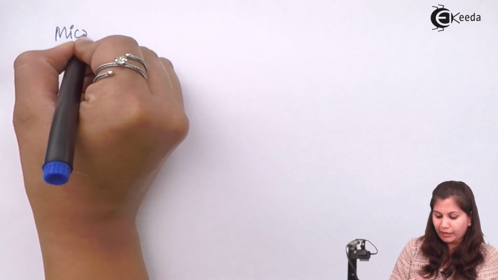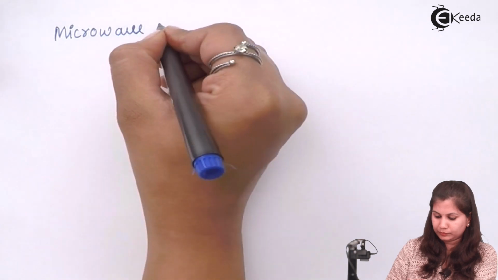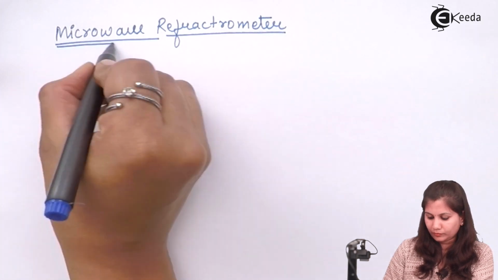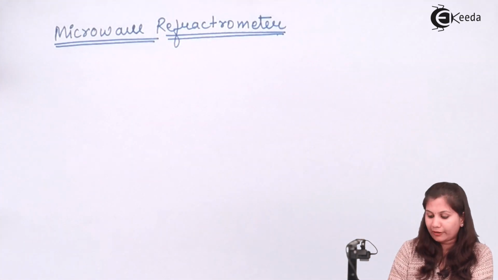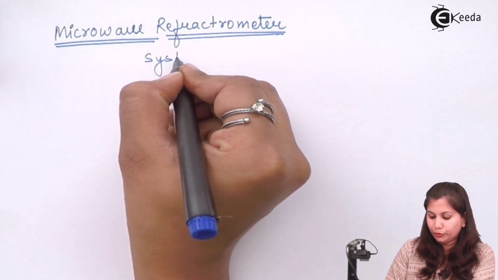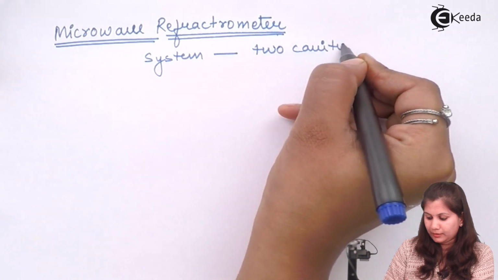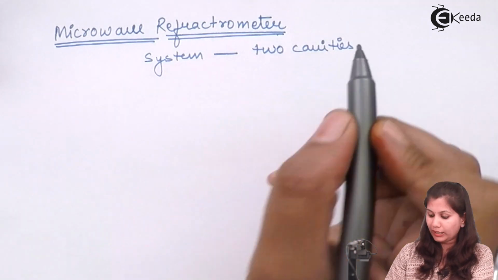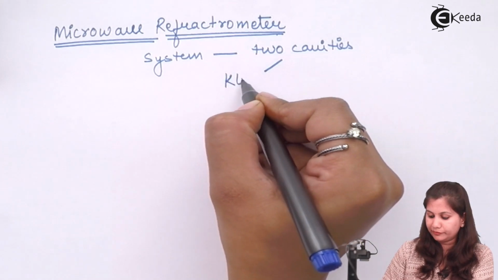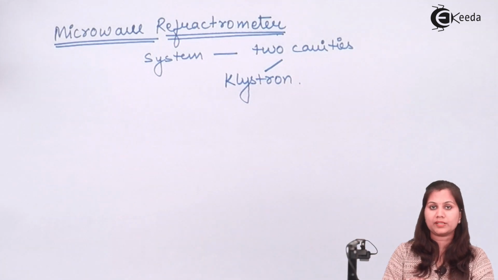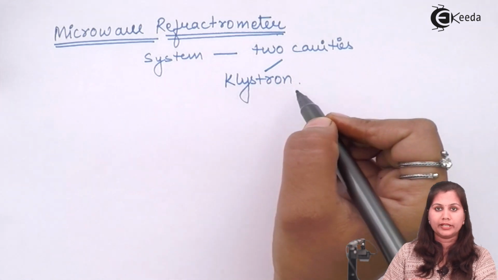The next type of hygrometers which are used for humidity measurement are microwave refractometers. In a microwave refractometer, the system consists of two cavities, and each cavity is coupled with a klystron. The klystron is the device which produces the microwaves.